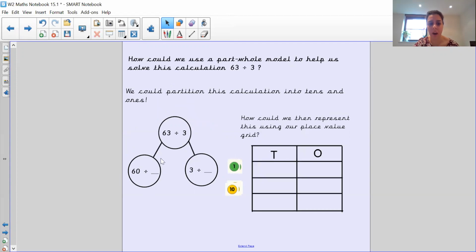So here I've got 60 divided by, and the number that I'm missing there is the number 3. And here I've got 3 divided by 3. So instead of having to do the whole 63 divided by 3, we split it up just to make it a little bit easier. Then we can use our table to help us.